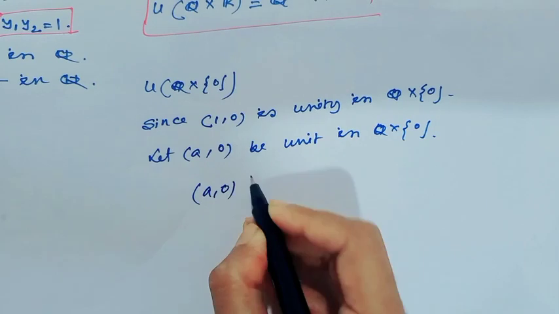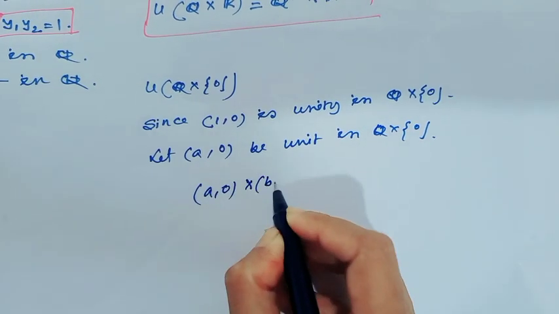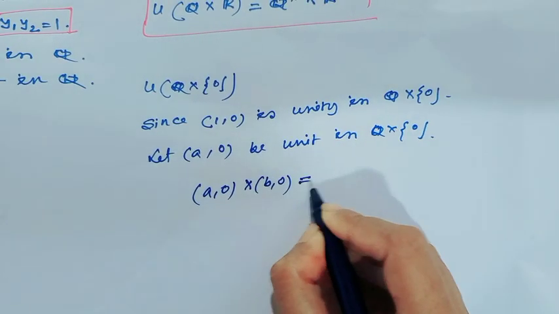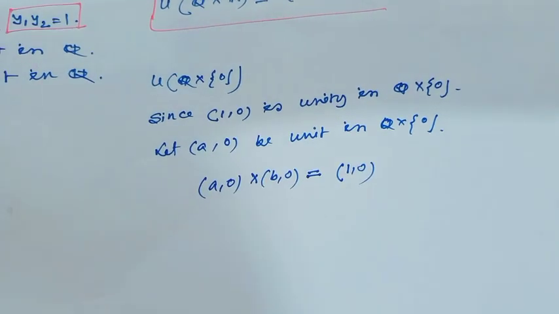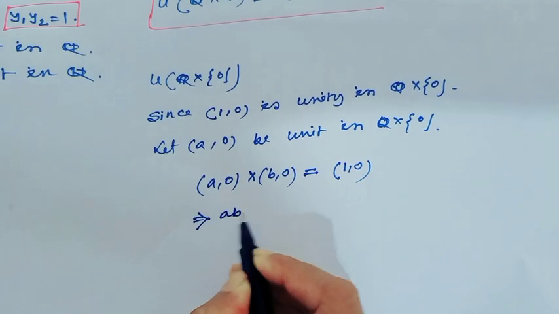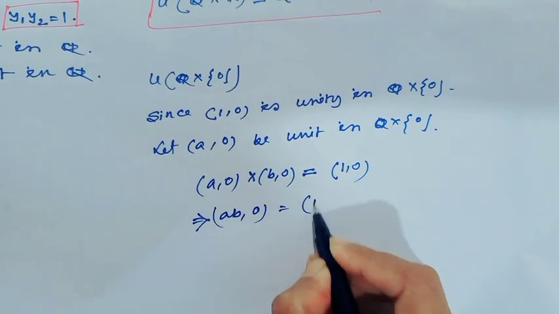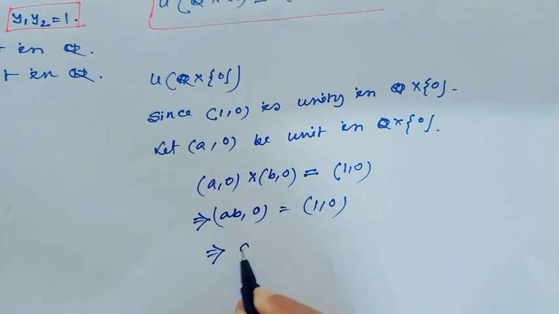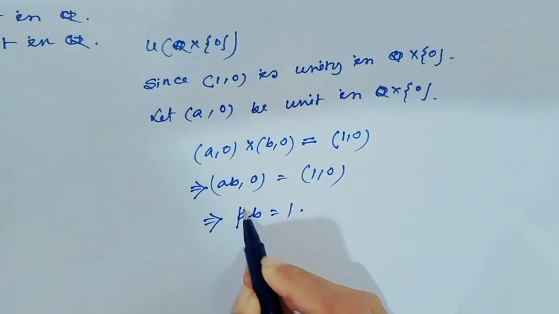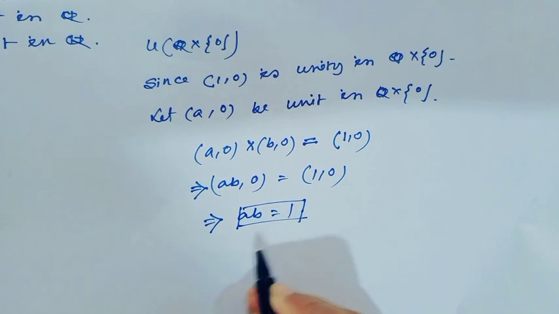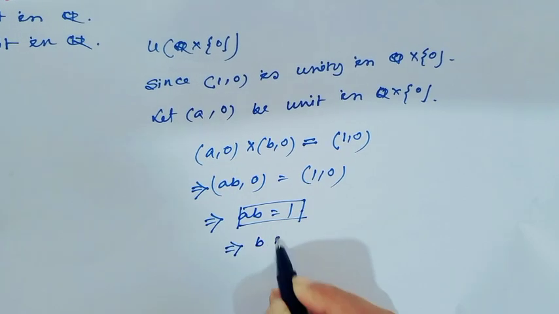Then there exists (B, 0) such that the product is equal to the unity (1, 0). That implies (AB, 0) equals (1, 0), that implies AB equals 1.